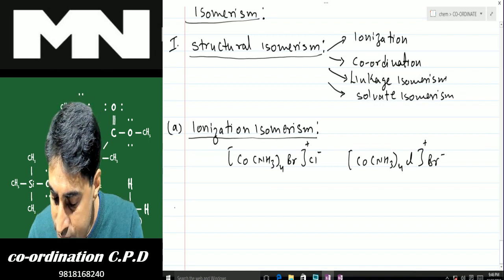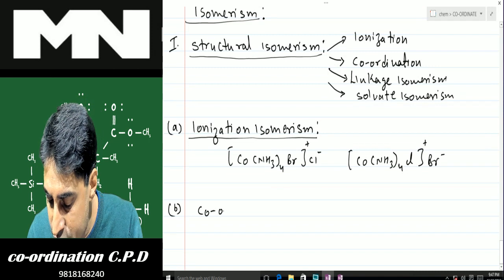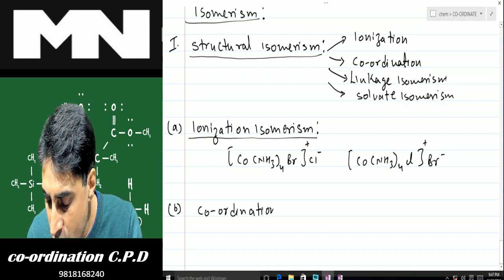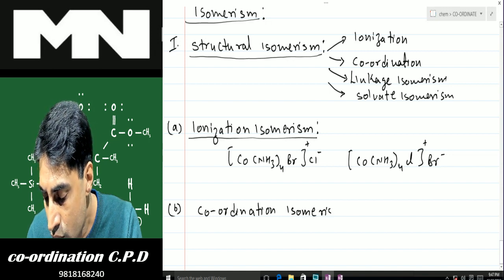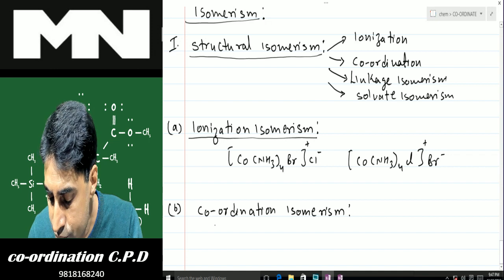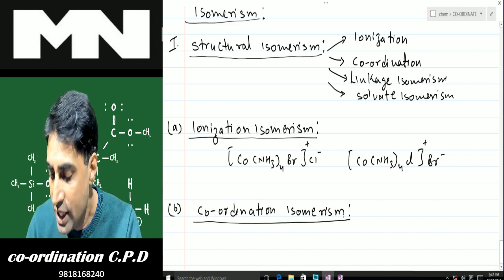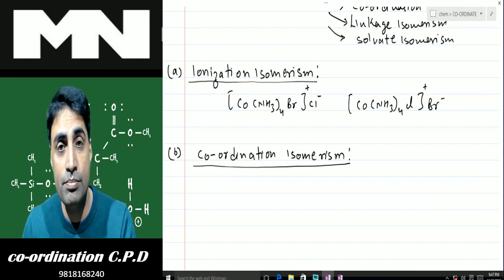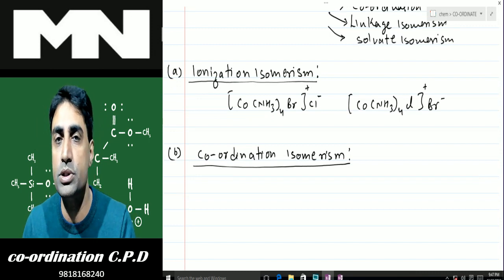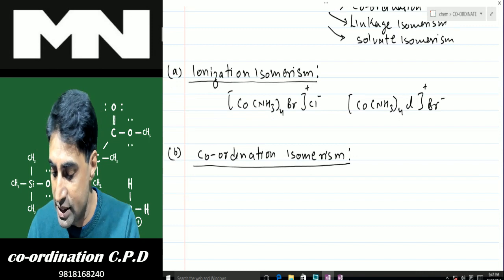Next, the second is coordination isomerism. If I talk about coordination isomerism, there's a condition that both the negative and the positive parts of the compound have to be complex.